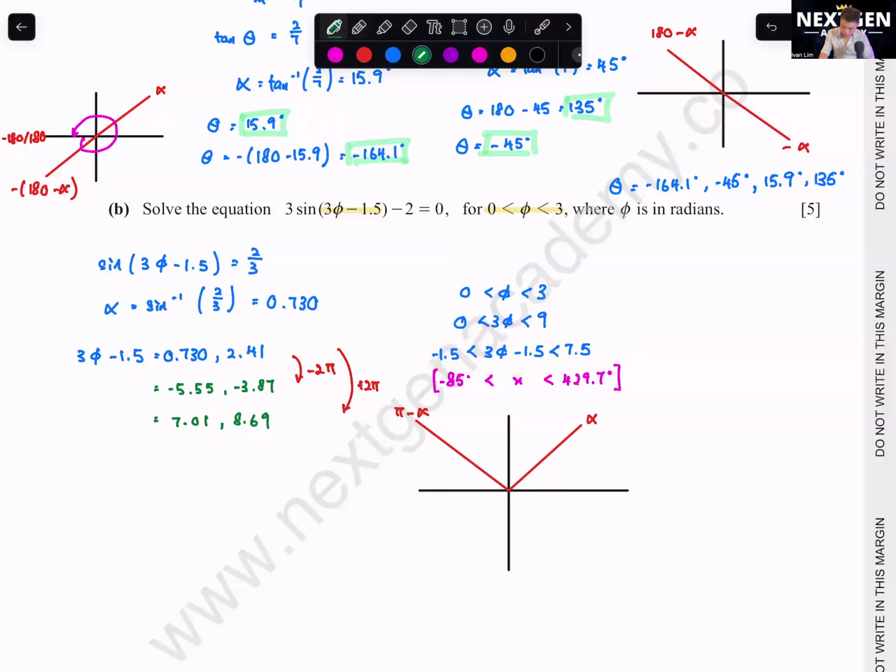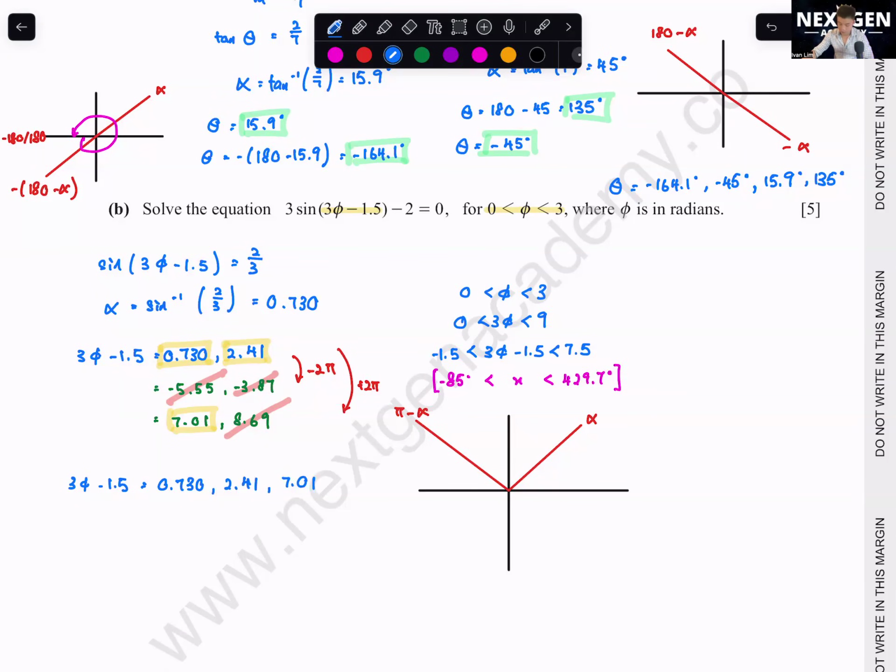Okay, these two, you see, this one is out. 7.01, this one is acceptable. This one is out. So we will only take these three values here. To calculate for this, I will rewrite it again. The ones that we want are 0.73, 2.41, and 7.01.